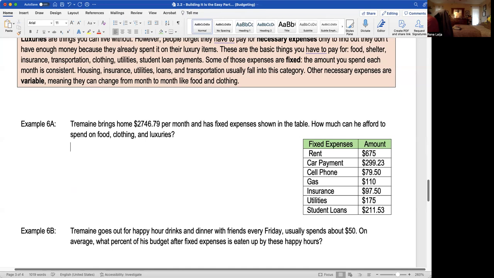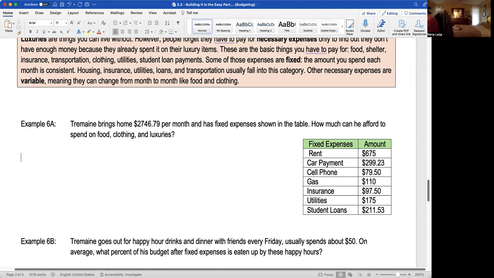All right. So what we have to do first is find the amount of fixed expenses. So we're just going to total all this up.